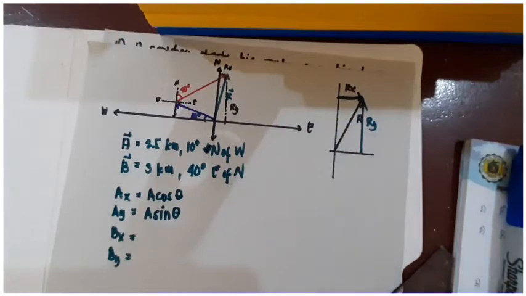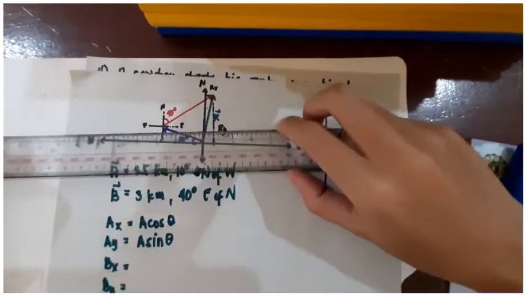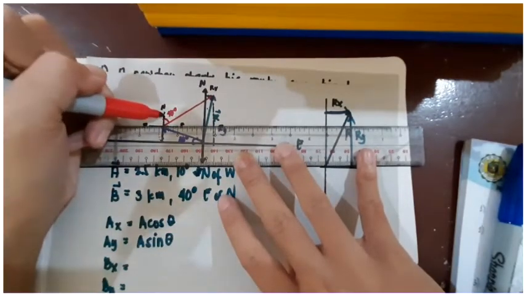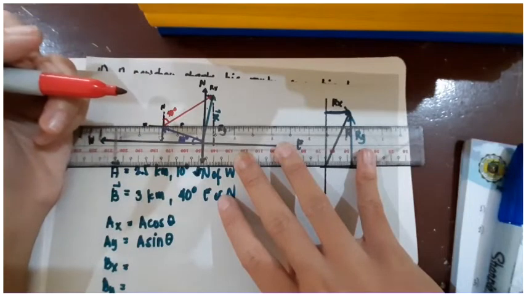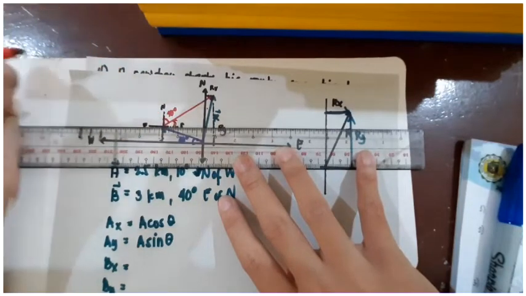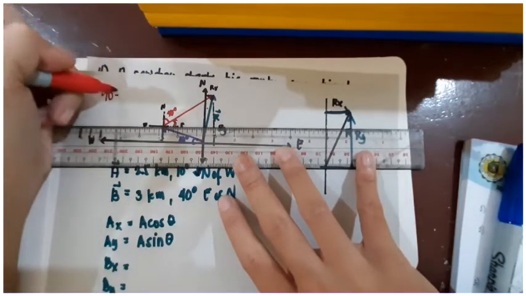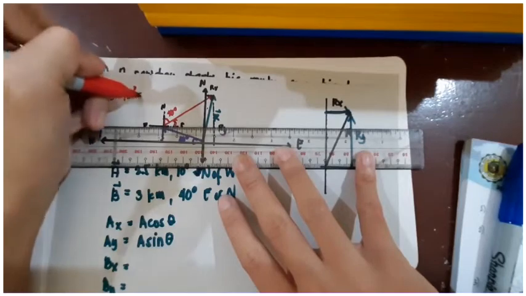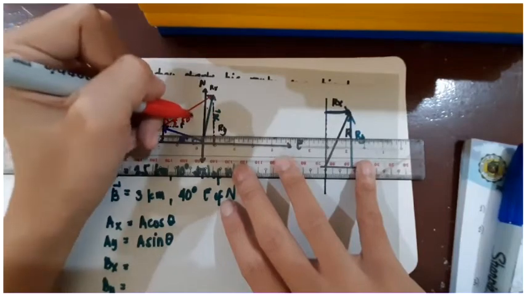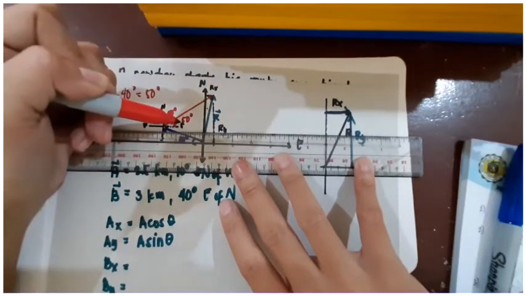Now, for the second vector, or for vector B, this is somehow confusing kasi yung angle natin is coming from your y-axis. So we have to make it na dapat galing dito si angle kay x-axis. Okay. So you just subtract 90 degrees minus 40 degrees. And then you will get 50 degrees. So ibig sabihin, from your x-axis, ang angle ng vector B natin is 50 degrees.